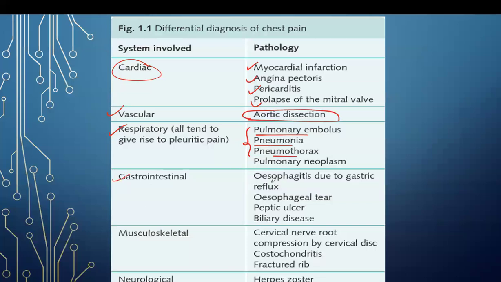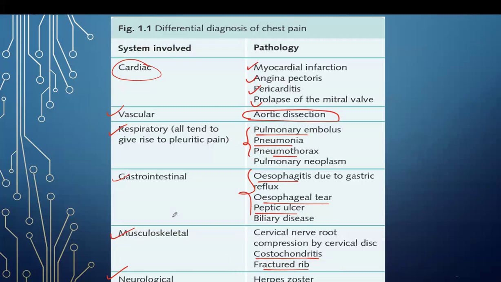GIT causes include esophagitis, peptic ulcer disease, and esophageal tear. Musculoskeletal causes include costochondritis, known as Tietze syndrome. A fractured rib can come with severe chest pain. Sometimes even herpes zoster can present as chest pain.